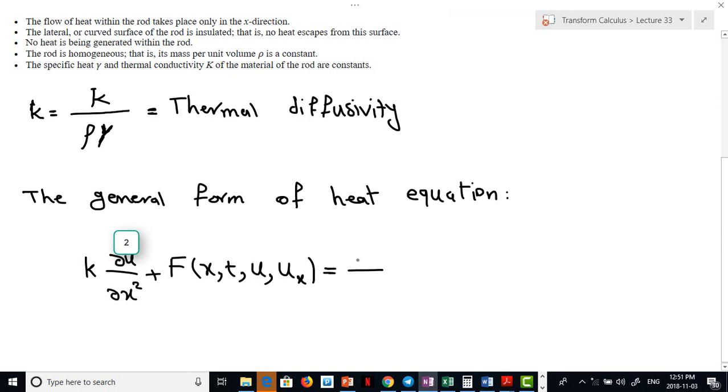It's equal to the derivative of u with respect to t. This is the general form of the heat equation.